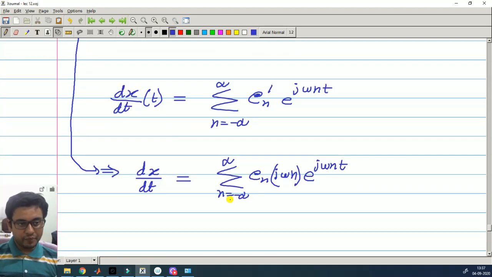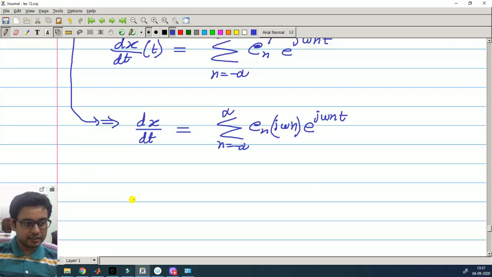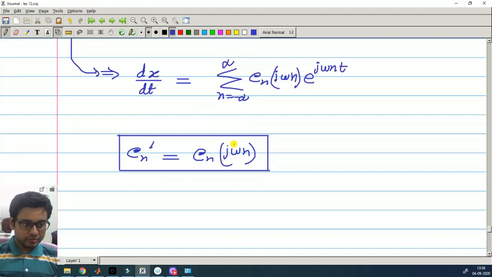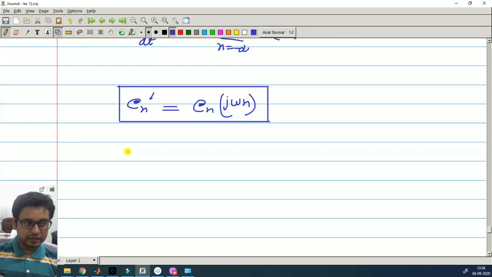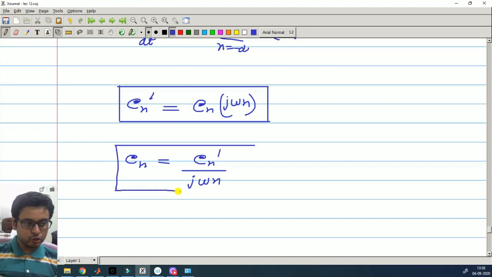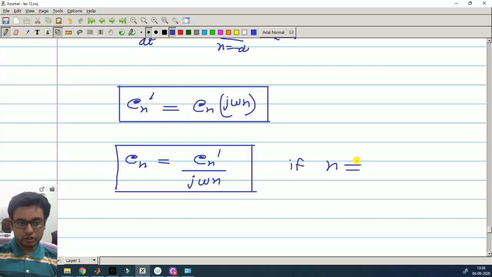Now comparing this equation with this equation, you can clearly see that Cn prime is Cn multiplied with j omega n. From this you can also say that Cn is equal to Cn prime divided by j omega n, but that is true provided n is not equal to 0. Otherwise you cannot divide.